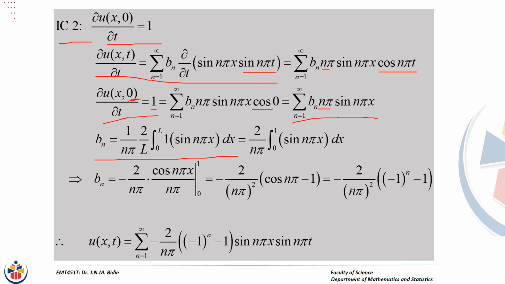We need to remember the integral of sine n pi x is negative cos n pi x divided by n pi, which is the derivative of the argument of sine. And then we are integrating between 0 and 1 because our L is 1.